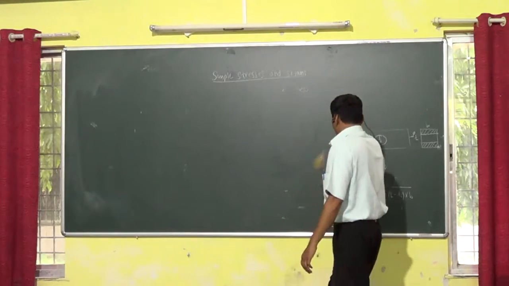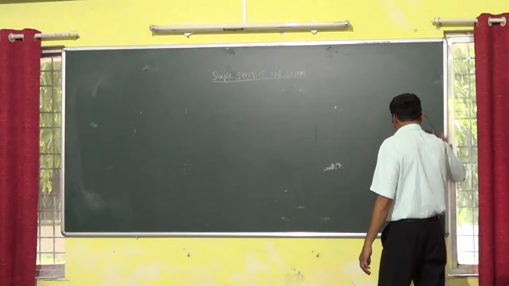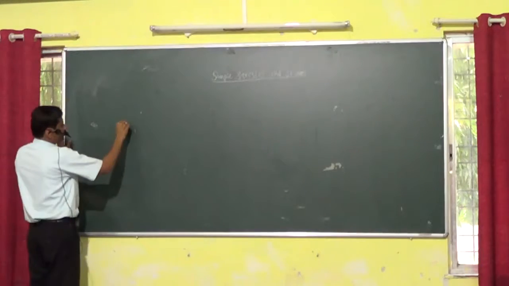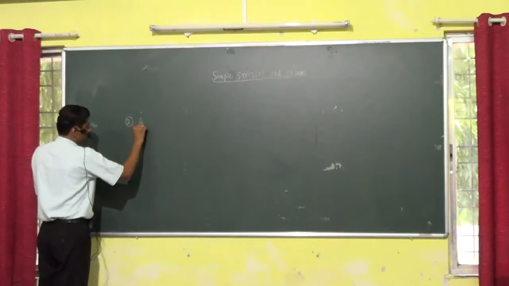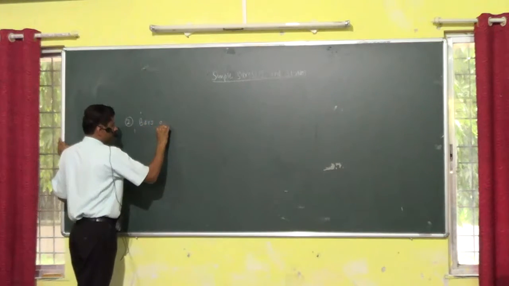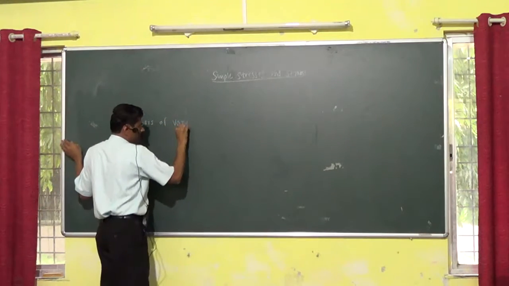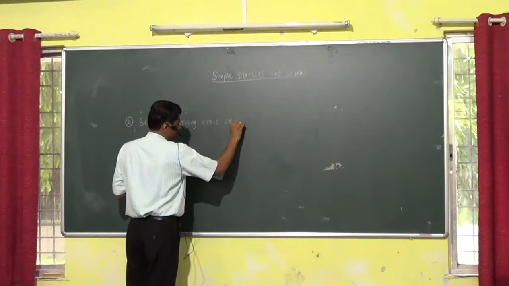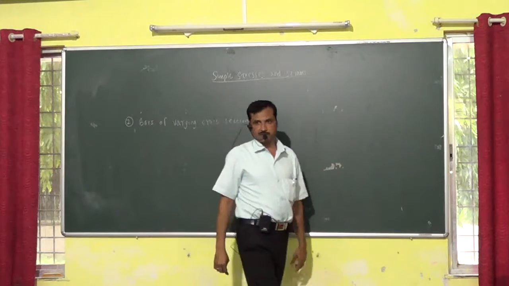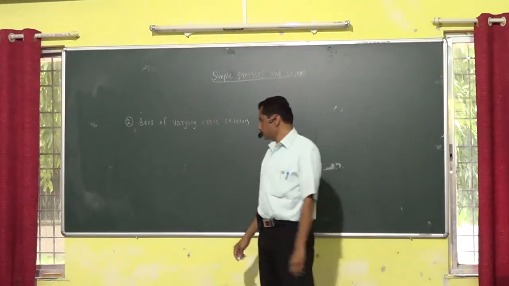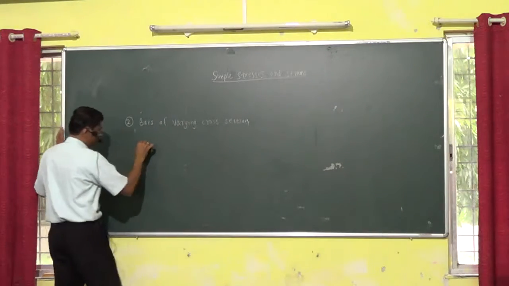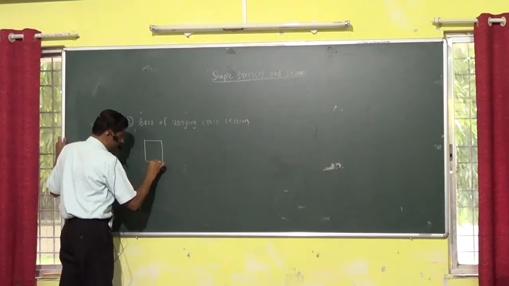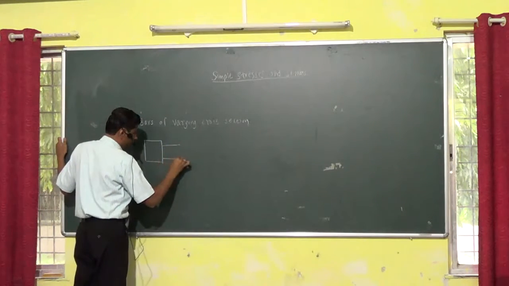The second type of example which we have seen in simple stress and strain is bars of varying cross section. This is the second type of example which we have studied. So as we know, bars of varying cross section, if suppose I am taking this example, this is a bar of varying cross section.